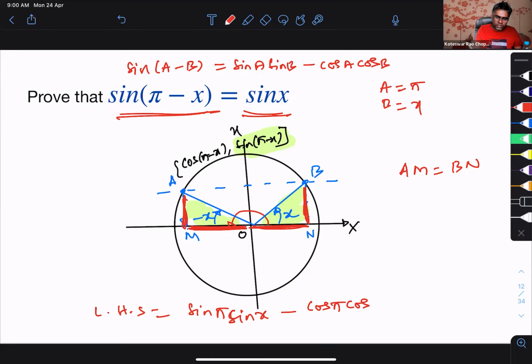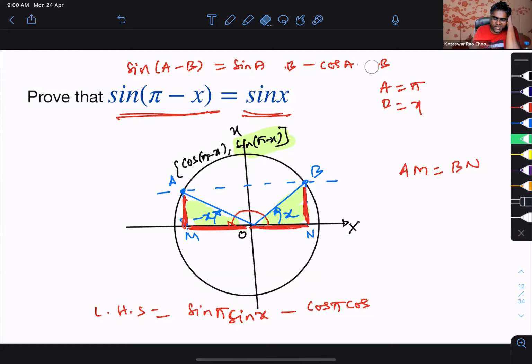Again, I'm making a mistake. This is a huge mistake. Guys, do you see the huge mistake? This is cos B, not sine.